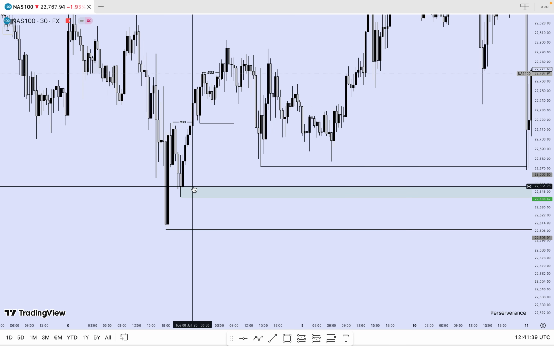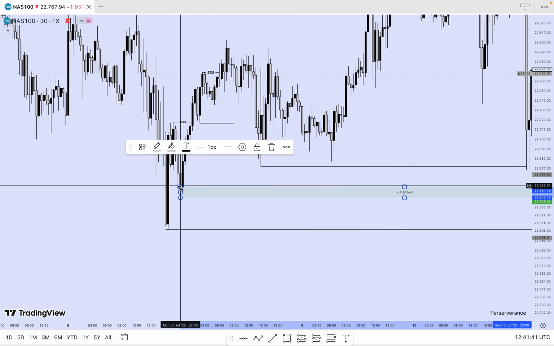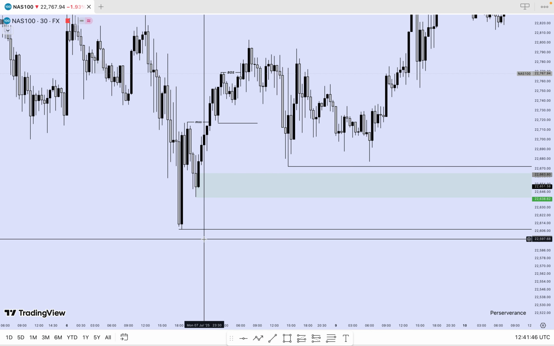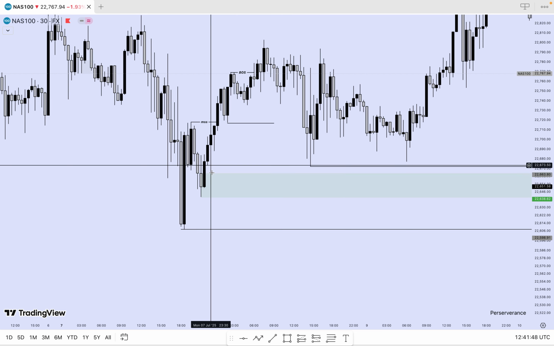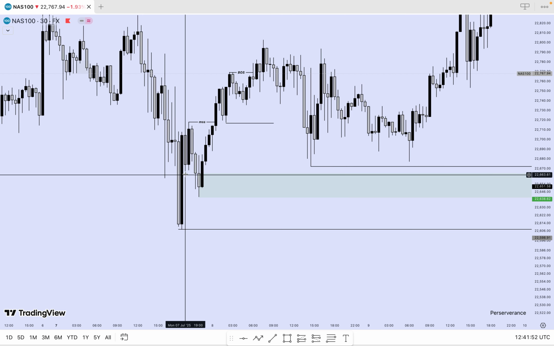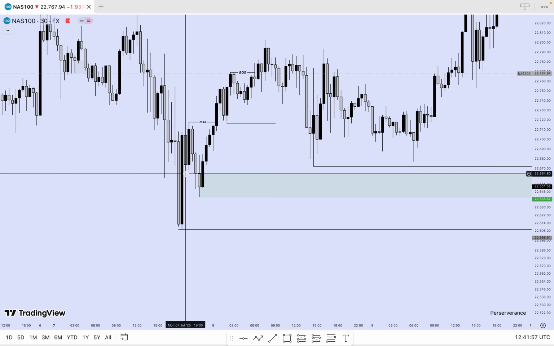So this is an example of an order block. This is an example of a bullish order block. This is an example of a bearish order block. You use a bearish order block to buy, while you use a bullish order block to sell.